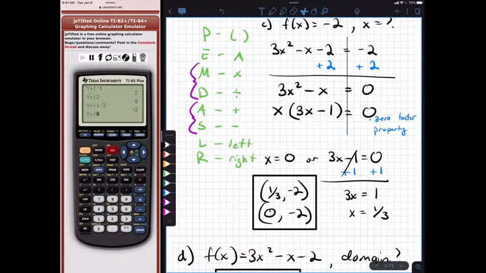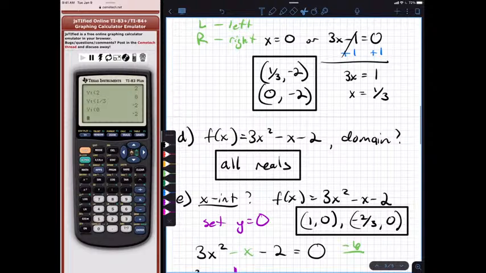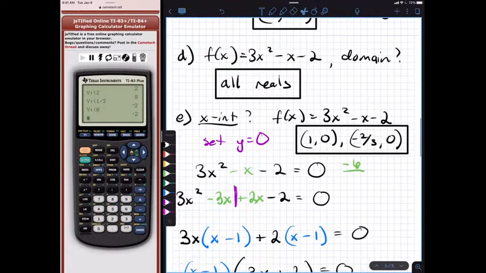Domain, you can look at the graph. That one, I would just say, because it's a polynomial, the domain in general for polynomials is all real. Every X is accounted for. The domain is going to be a set of input values. So the X-intercept, we got 2 values. We got when X was 1, that gave output of 0.